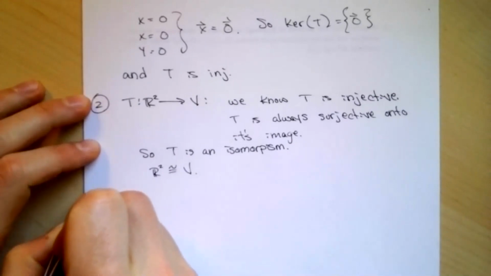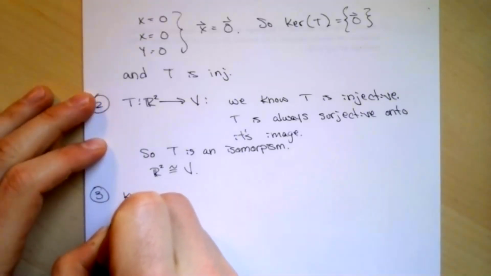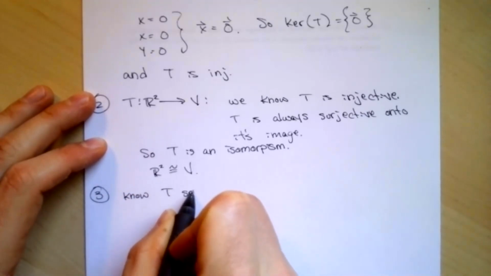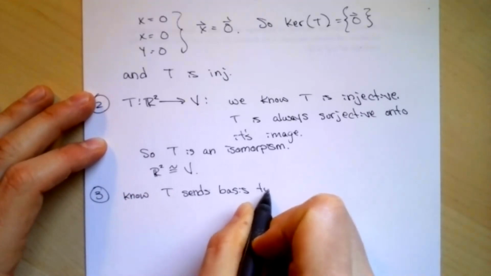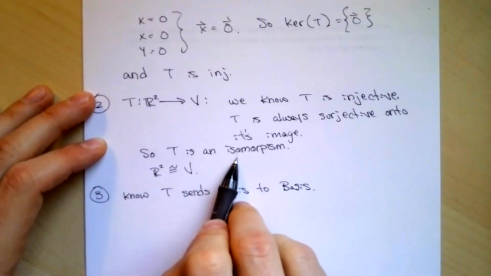Our third step is kind of where the meat of the problem lies. So we know we want to extend T, or we don't want to extend T, we want to find an inverse of T. So we know that T sends bases to a basis because it's an isomorphism.